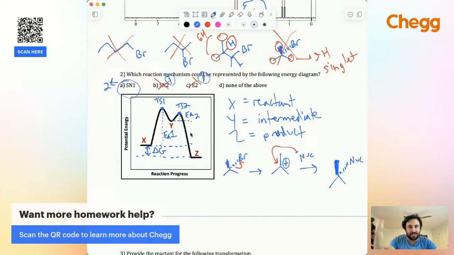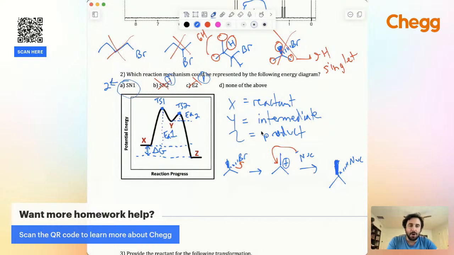That's going to release a lot of energy when that bond forms, right? So this is very exothermic. It's very exergonic. Exothermic is negative delta H. Exergonic is a negative delta G. Either way, we're releasing energy upon forming this bond. Very small activation energy. And so SN1 is the only one that works here.